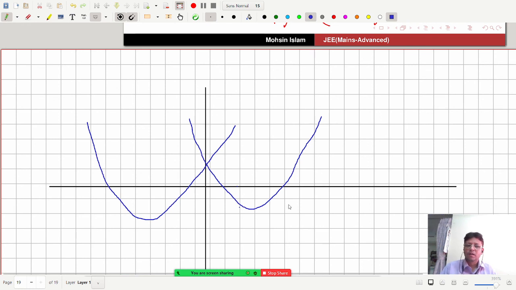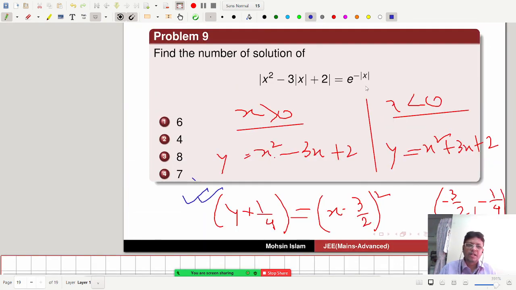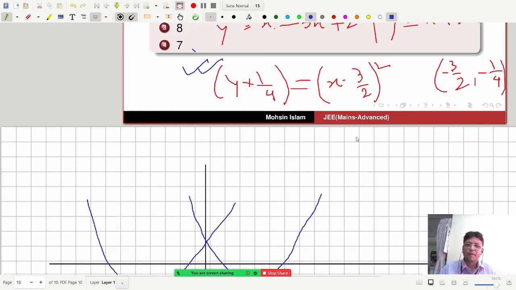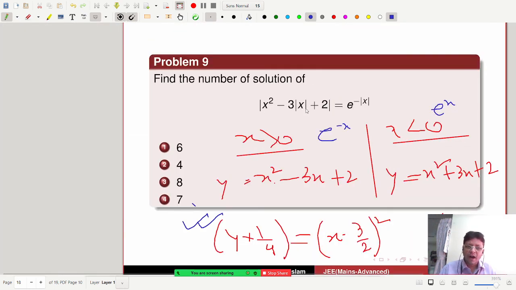So this is the first one, this is the second one, and you have e to the power minus mod x. If x is positive, it will be e to the power minus x, and if x is negative, it will be e to the power x. You have the modulus on the right, and a modulus on the left.